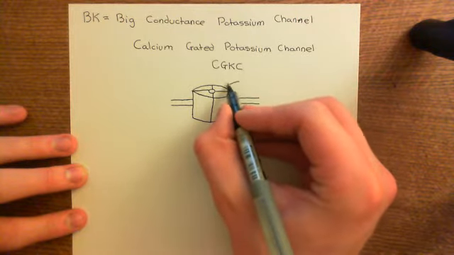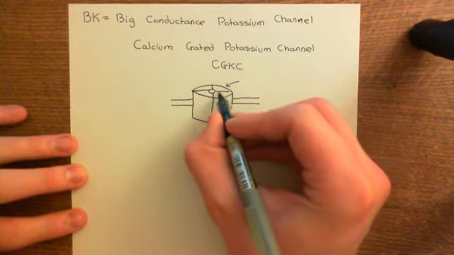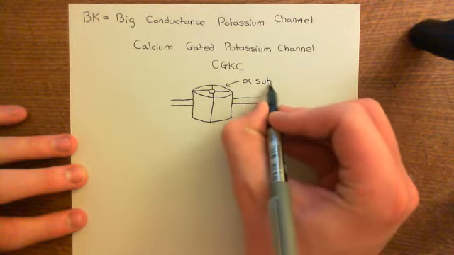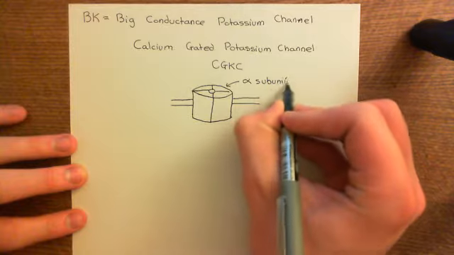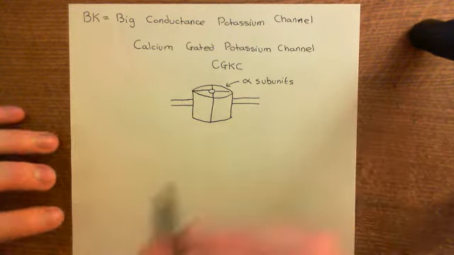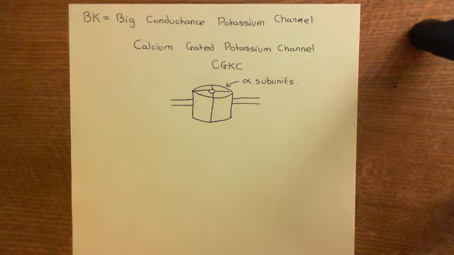These 4 subunits that I have stuck together here are known as the alpha subunits of the calcium-gated potassium channel. Basically, there are many different alpha subunits.